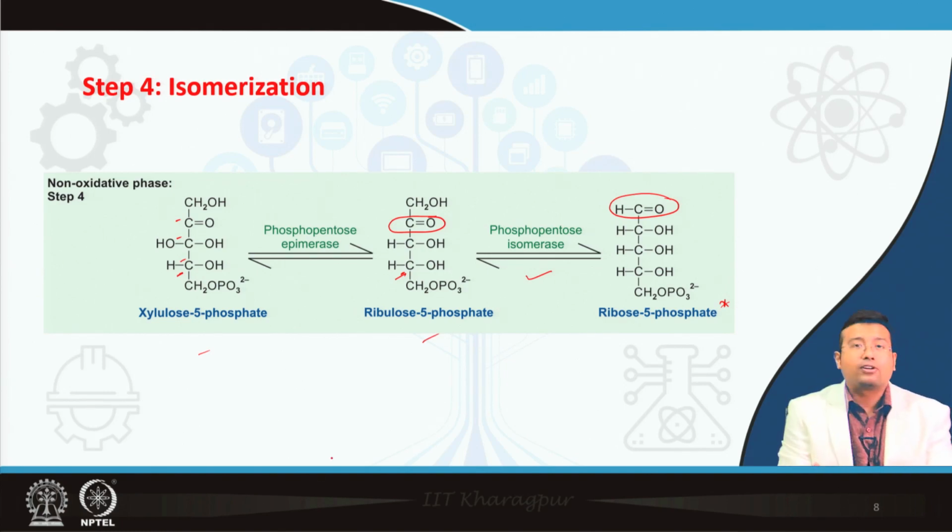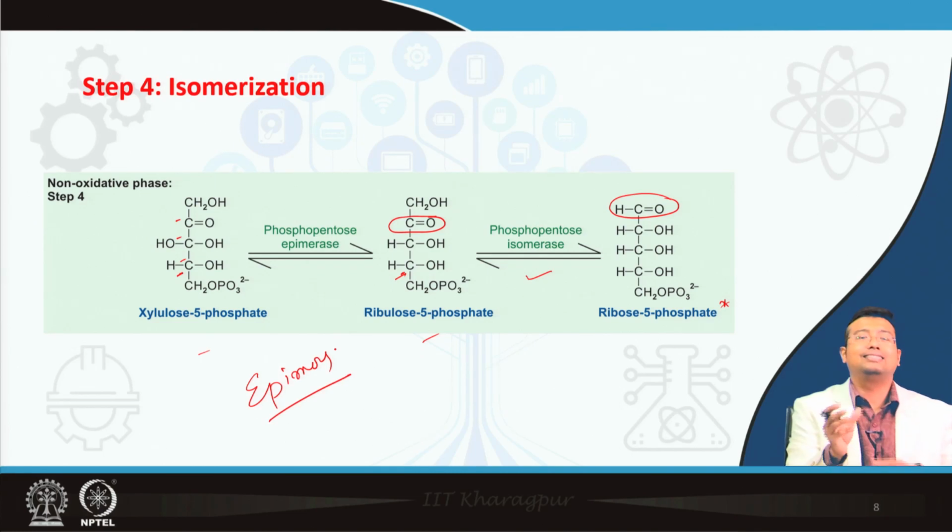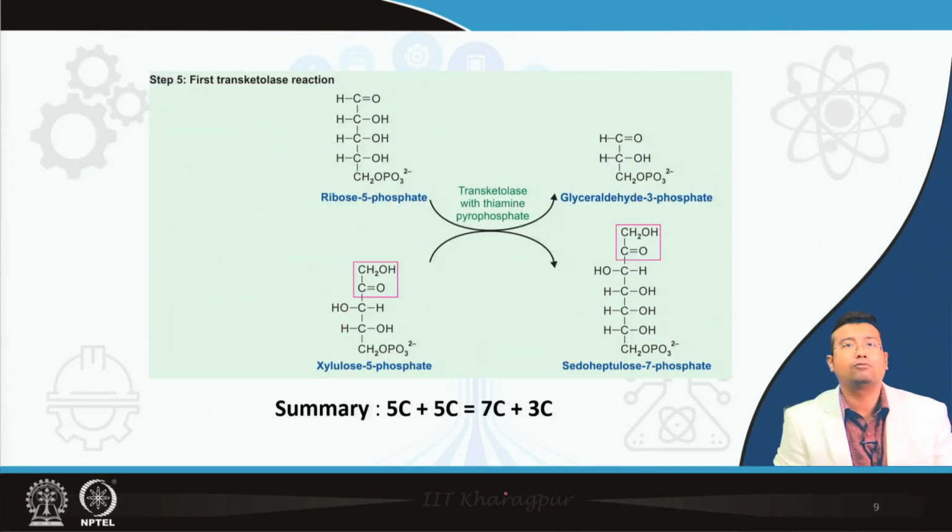So, ribulose 5-phosphate and xylulose 5-phosphate are epimers because HOH is changing in an intermediate carbon other than the end carbons, and the enzyme is epimerase. Basically, it is a special type of isomerase where there is an intramolecular shifting of bonds. So, next step is isomerization. So, after isomerization what happens?